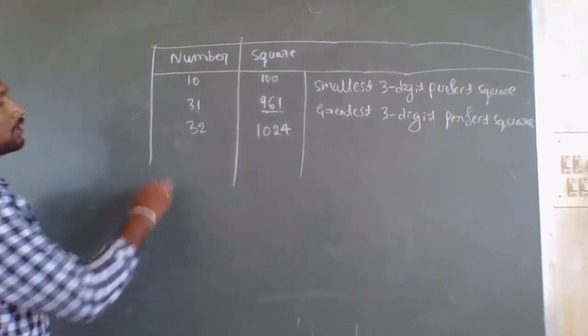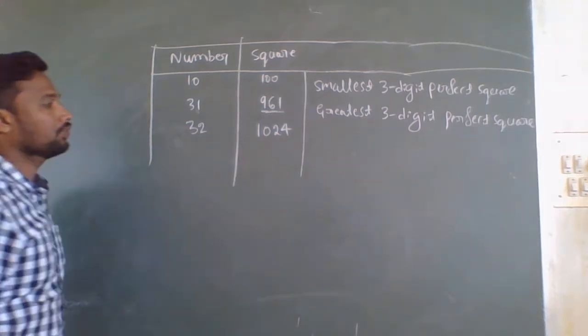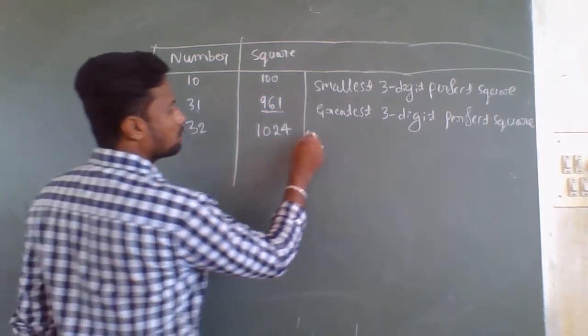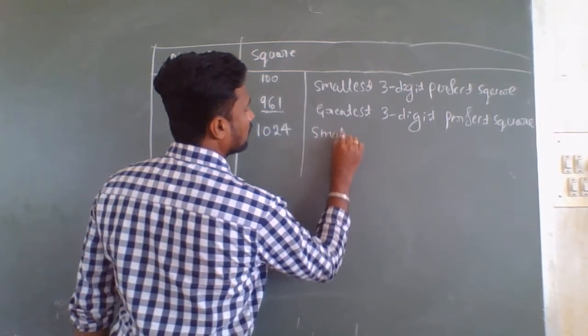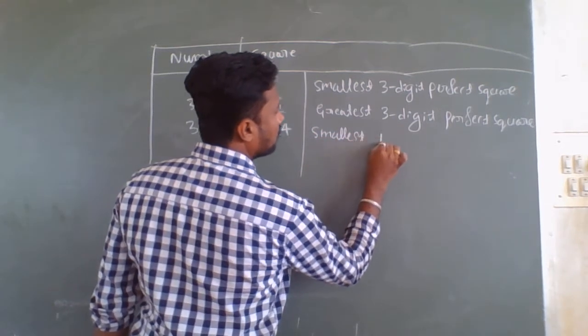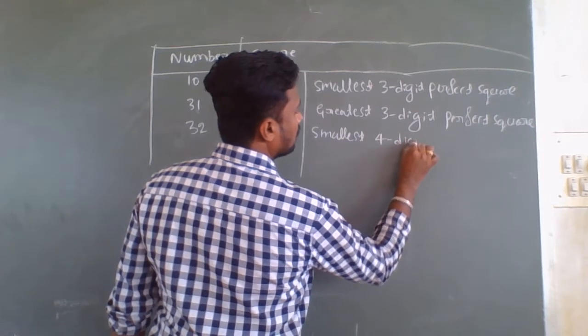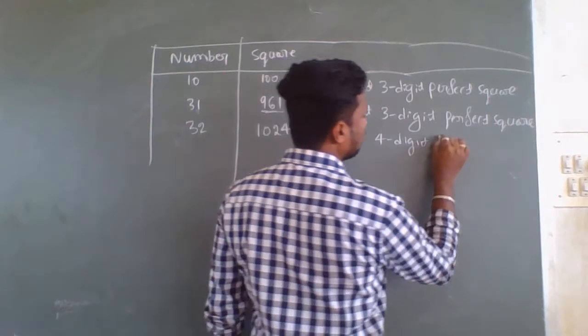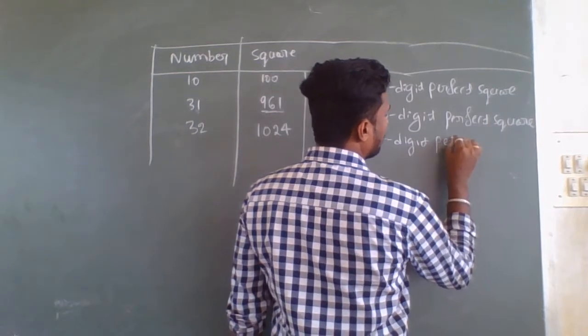The square value of 32 is 1024, which contains 4 digits. Means we can say that this is the smallest 4 digit perfect square, because it contains 4 digits here.